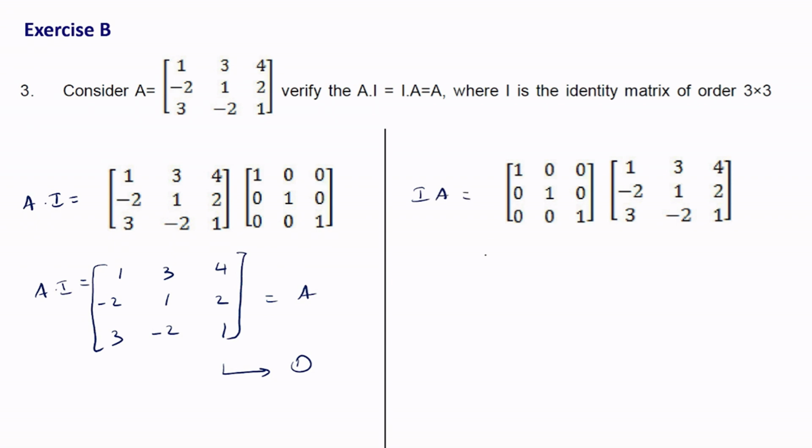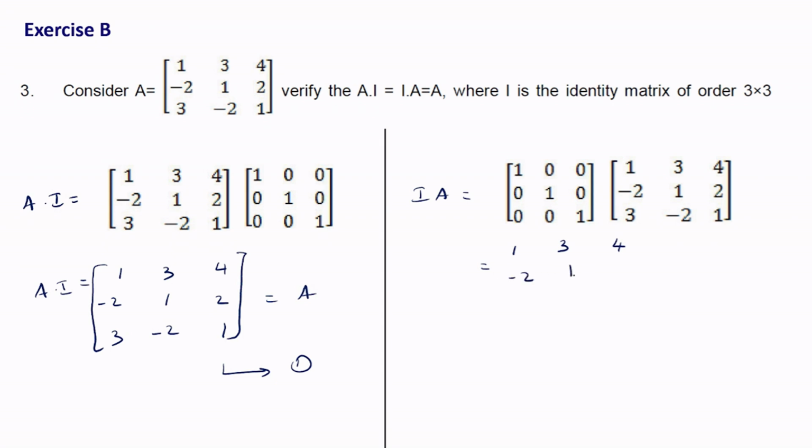If we multiply these two matrices, first row first column, only the first element will be there, the others are 0. Then first row second column, again the first element only, it is 3. First row third column, 4. Then second row first column, only the second element will be there: 0 into 1 is 0, 1 into minus 2, plus 0.